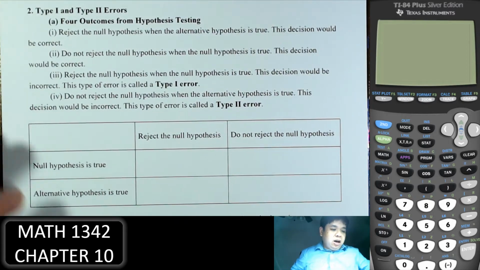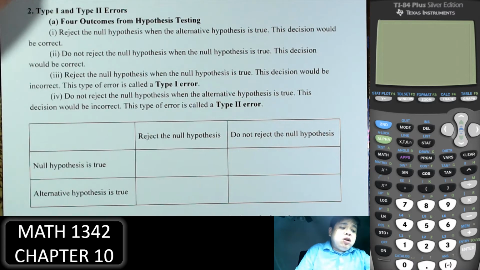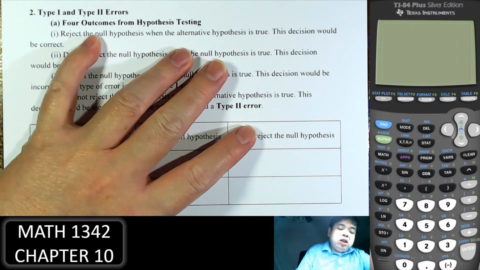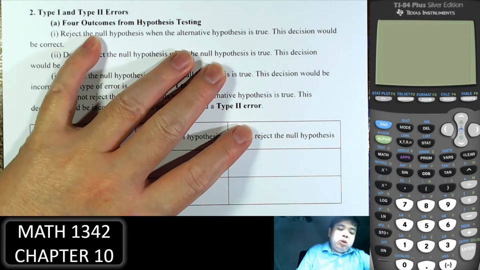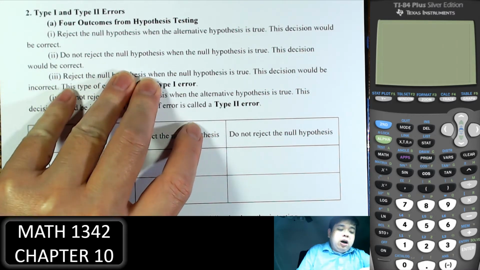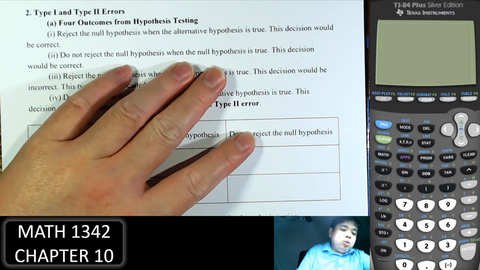Right. Next, type 1 and type 2 error. There are 4 outcomes of hypothesis testing. We reject the null hypothesis when the alternative hypothesis is true. This decision would be correct. We do not reject the null hypothesis when the null hypothesis is true.